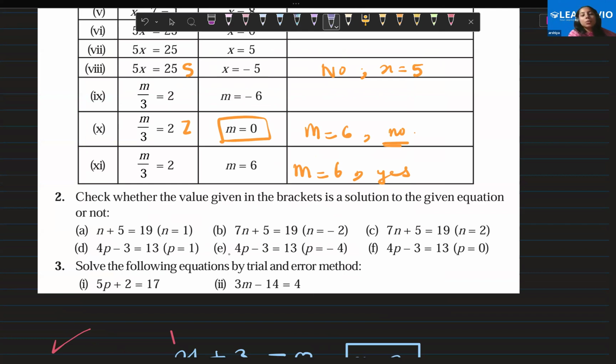Try this one, E. Same way you'll have to solve.